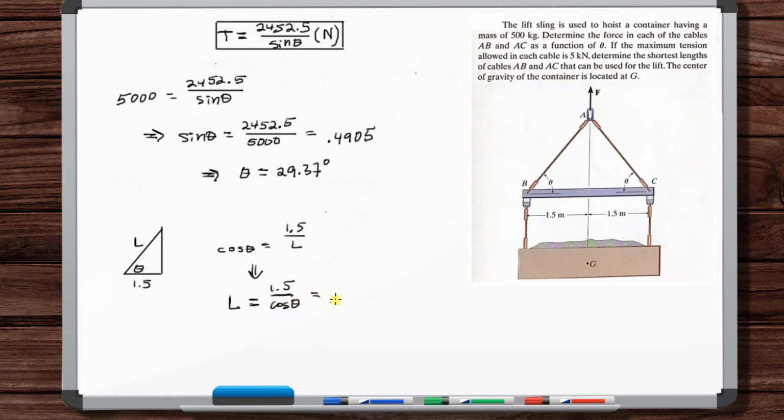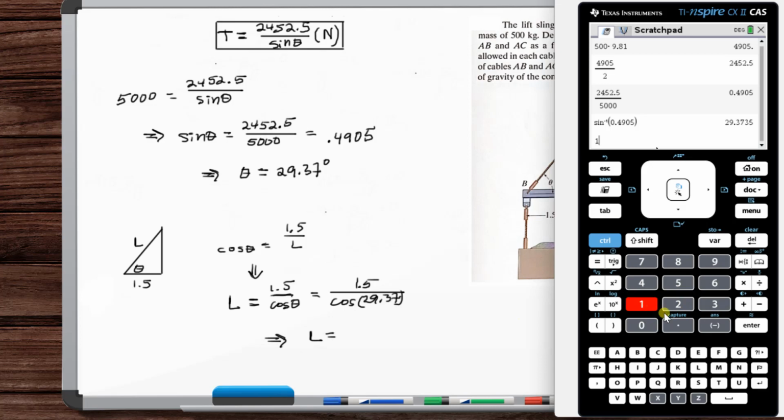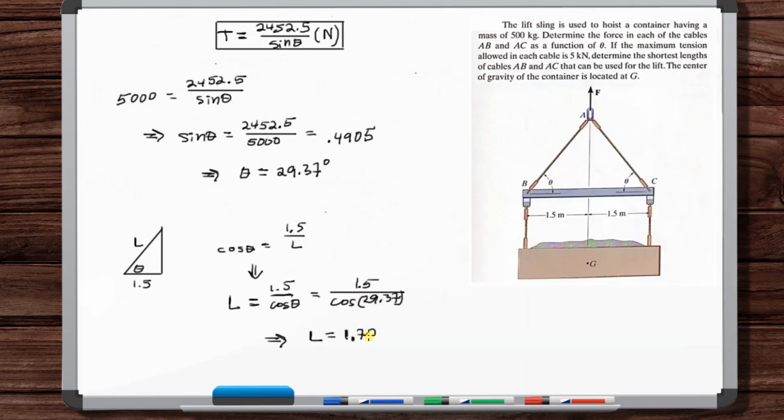So now we can substitute in our theta. Okay, so L is equal to 1.5 divided by cosine of 29.37, which is 1.72 meters. And that's the shortest length cables that can be used.